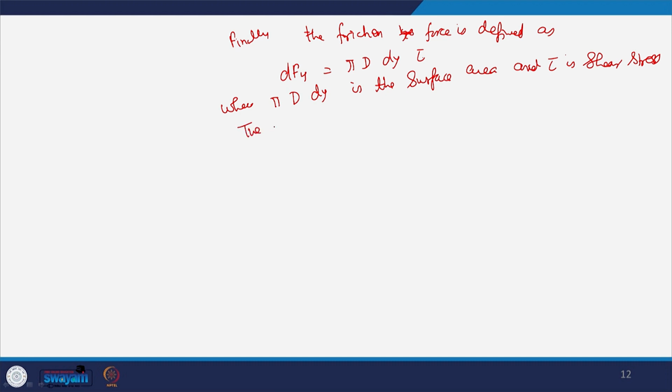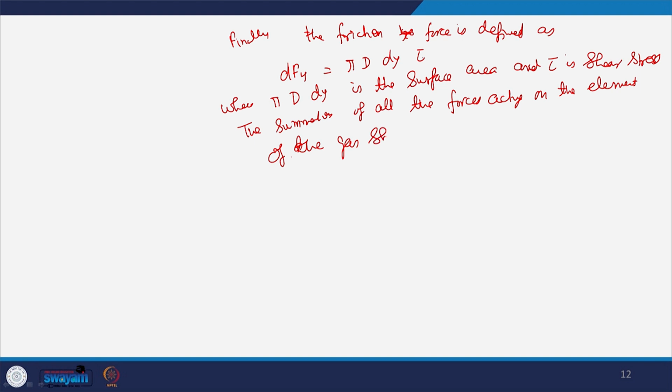Now the summation of all the forces acting on the element of the gas should be equal to 0.